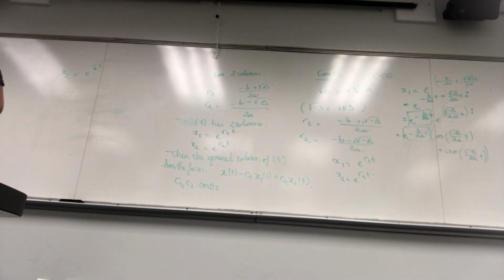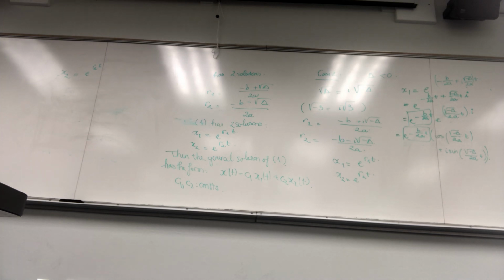We can use the same method that we used there, so we can start by plugging in our number for r2, and the only difference is that it's going to have a minus sign on the imaginary term with I, so the answer should come out the same. So it will come out to e to the negative b over 2a times t times the cosine of negative square root of negative delta over 2a times t plus I times the sine of negative square root of negative delta over 2a times t.